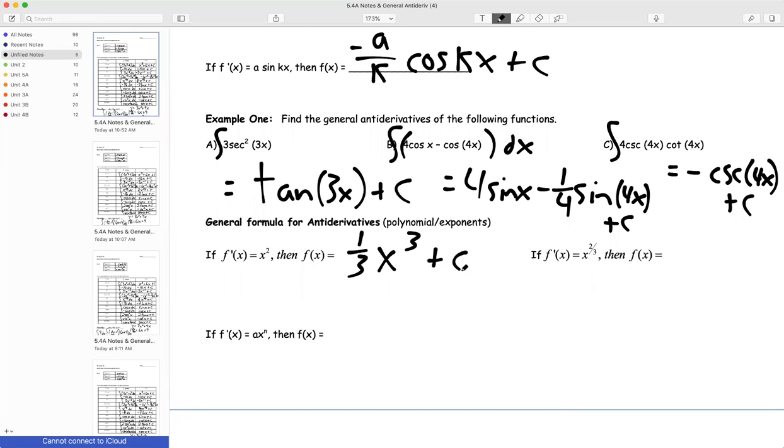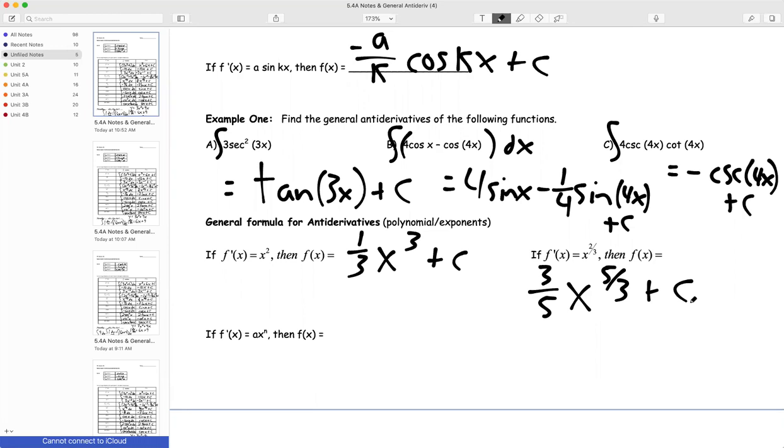And so on the next one, I add 1 to my exponent. So 2/3 plus 1 gives me 5/3. And then I divide, which gives me 3/5. And again, I need a plus c.